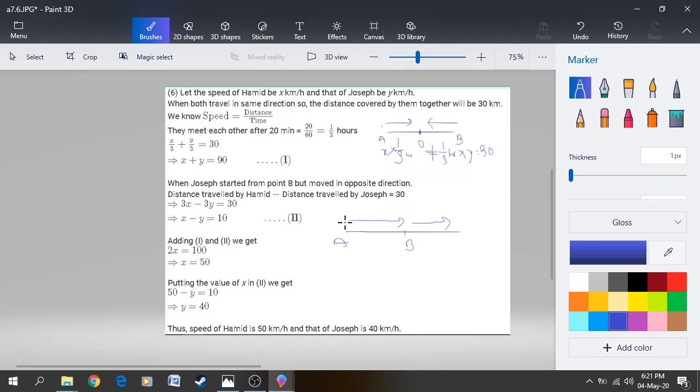They are traveling both in same direction now. The second condition is Joseph also starts from B, but in the opposite direction, not towards A. He goes in the opposite direction.